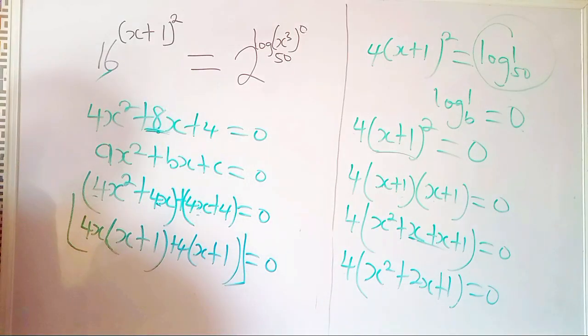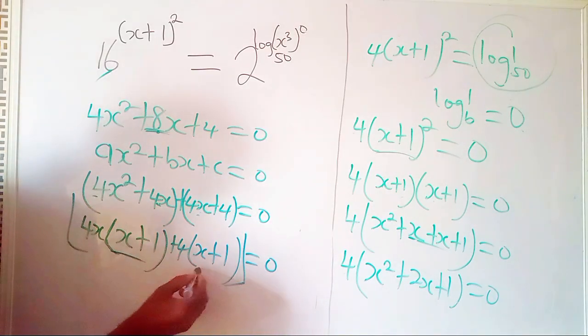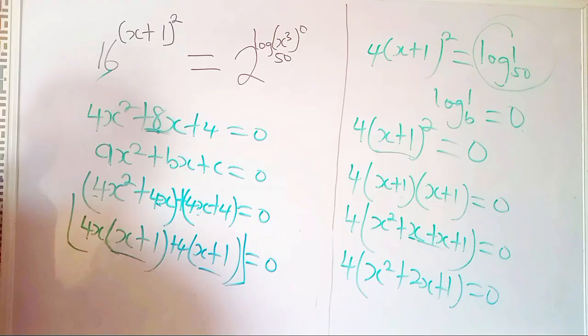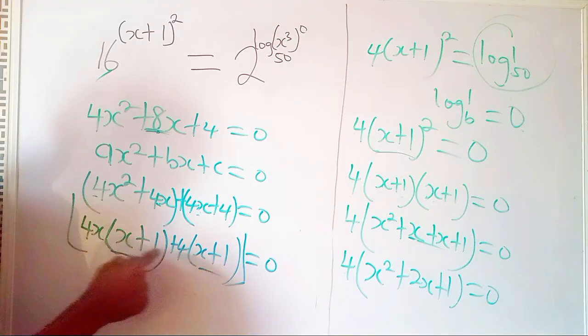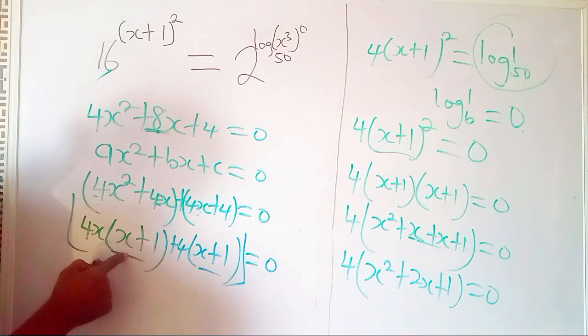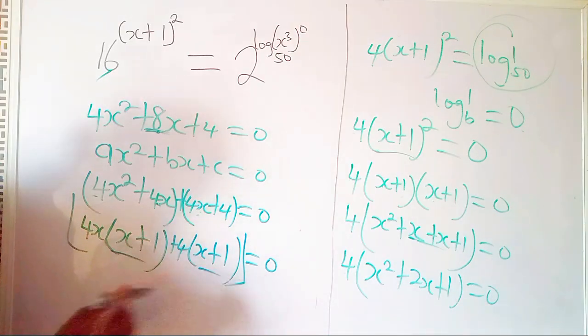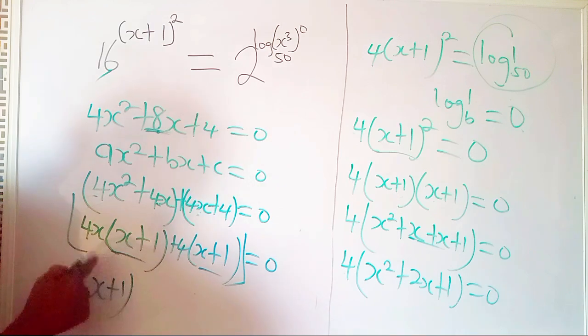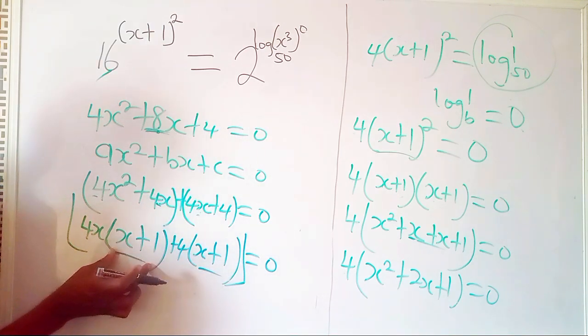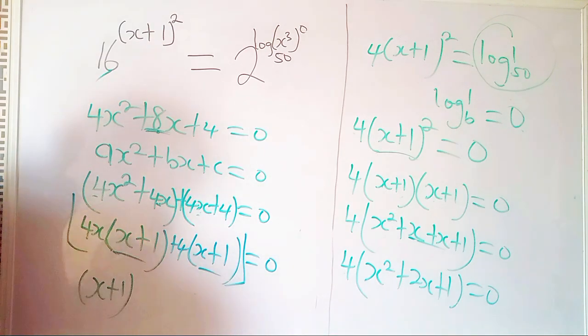So let's continue. After having these two brackets the same, what we'll do next is we take the outside, we factor this out, which is x plus 1. x plus 1 and x plus 1 is common to both of them. We factor it by saying x plus 1. So after we know that this is common between them, we take x plus 1 out.